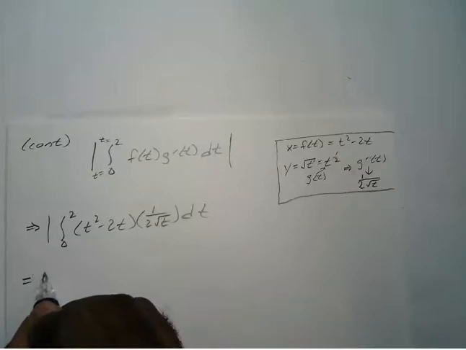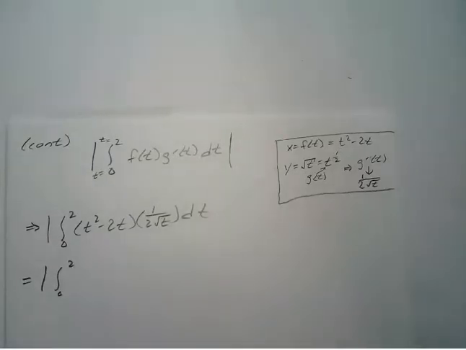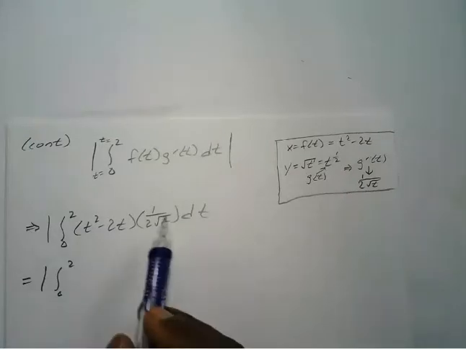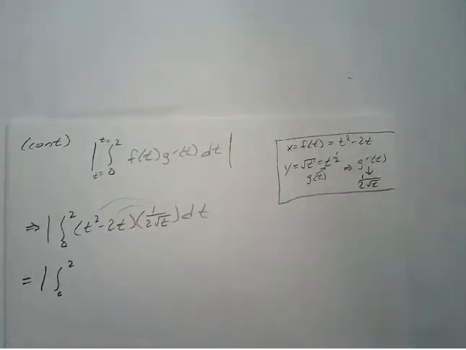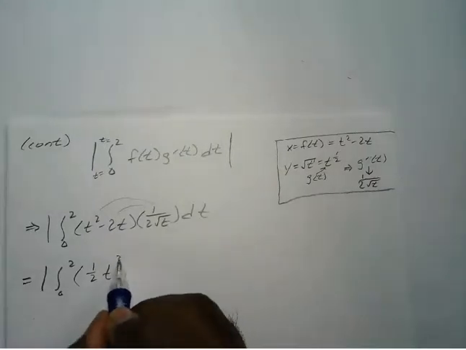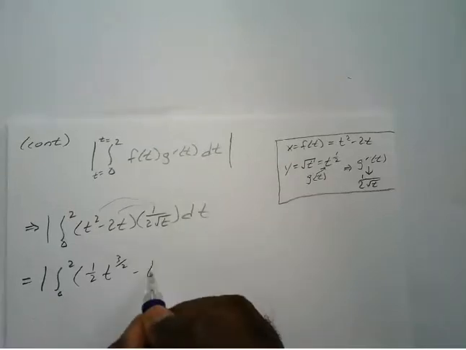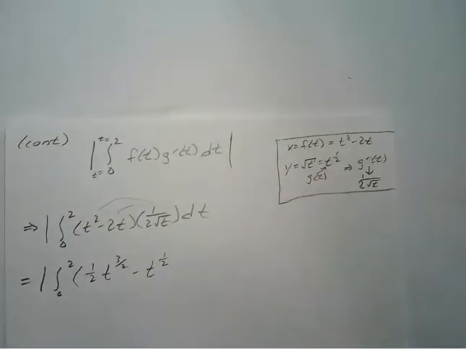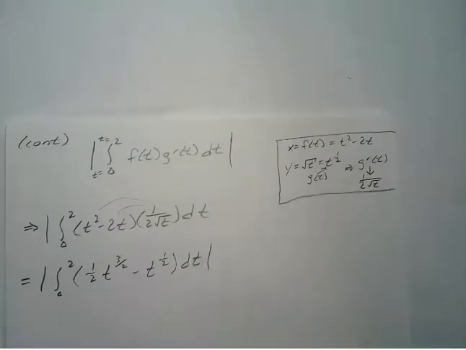Okay, so that's going to equal the integral from 0 to 2. And if we go ahead and distribute that one, we end up with 1/2 t to the 3/2 minus t to the 1/2 dt.